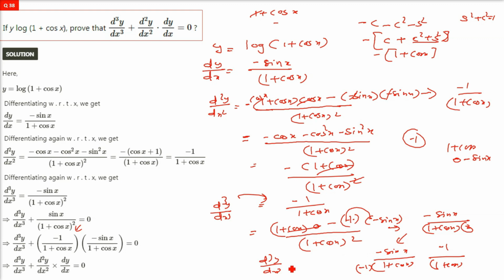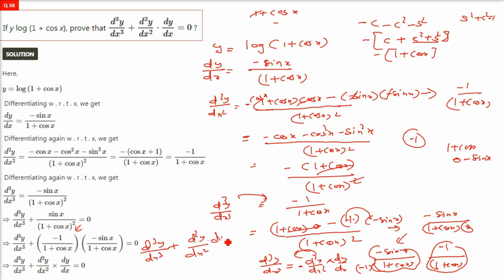So d3y by dx3 is equal to what? This one is simply your d2y by dx2. So write it here, d2y by dx2. Then we have minus sin x by 1 plus cos x. So what is it? That is dy by dx, and you have a negative also. Now take everything on the left, you will get d3y by dx3 plus dy by dx into d2y by dx2.